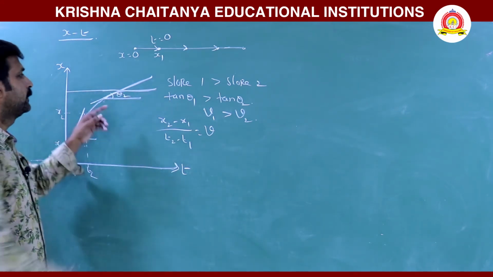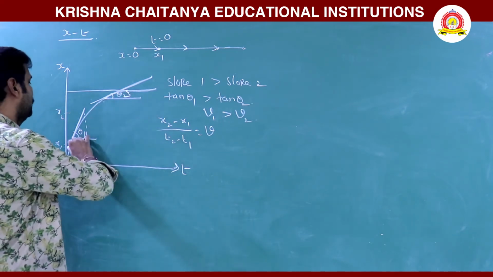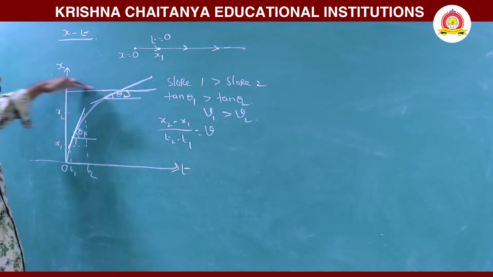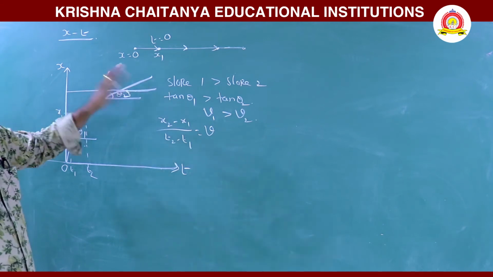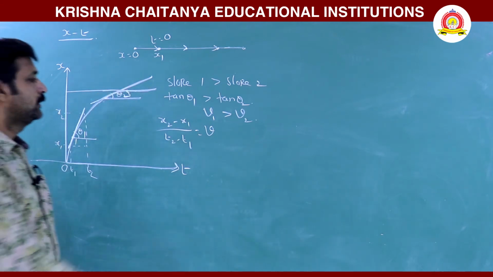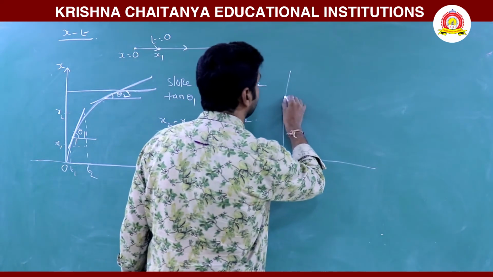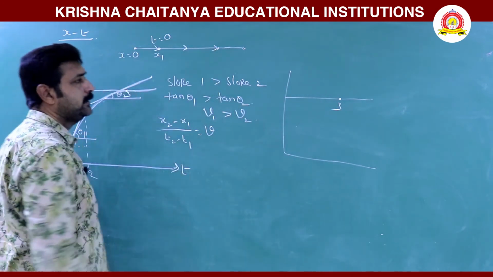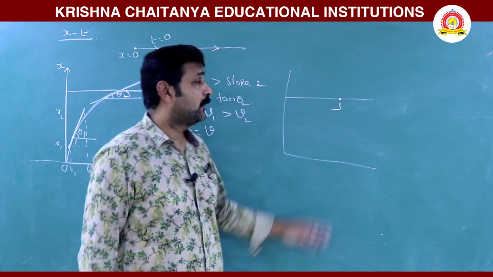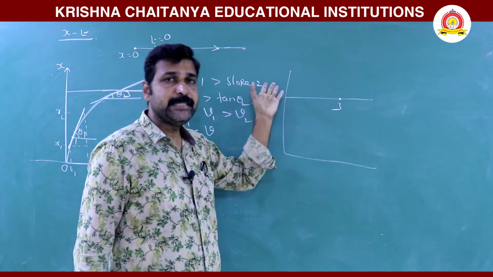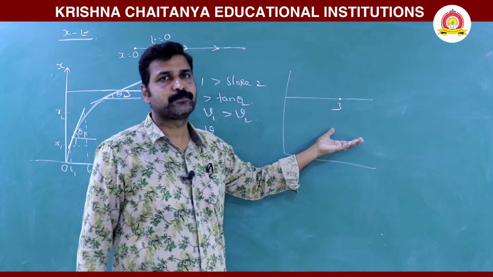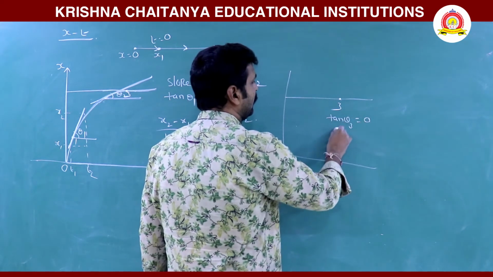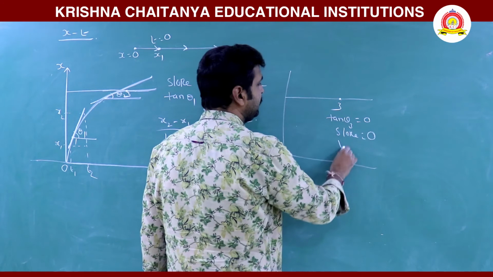A horizontal straight line makes 0 angle with the horizontal. If we draw it separately, this is the straight line drawn at the third point. What is the angle made with the x-axis? It is parallel to the x-axis, so the angle theta 3 is 0, then tan theta 3 is 0, slope is 0. Slope means velocity is 0.